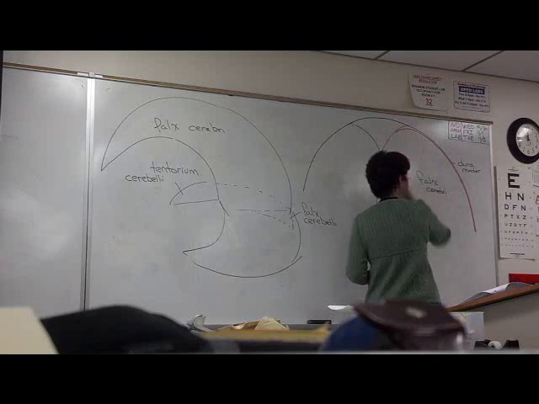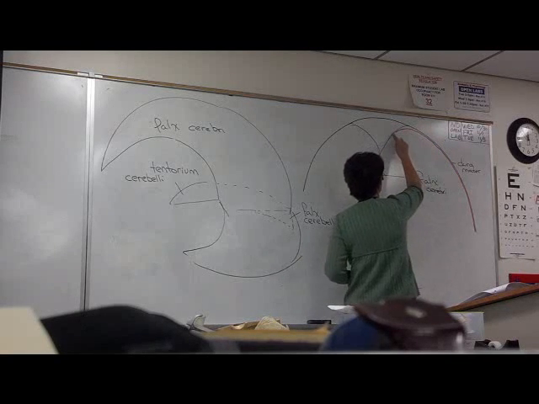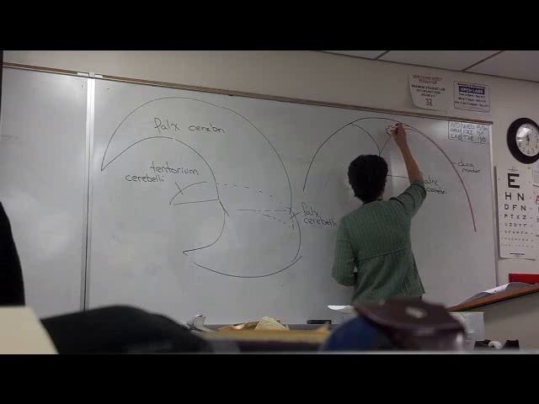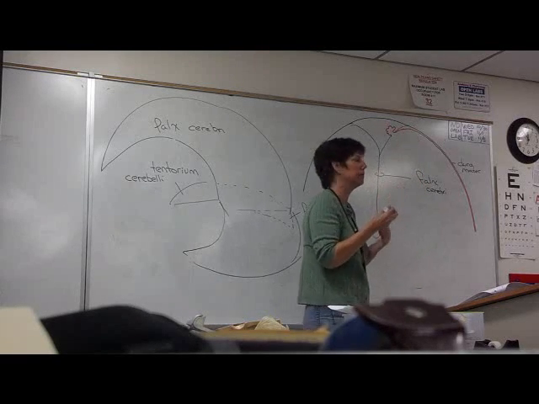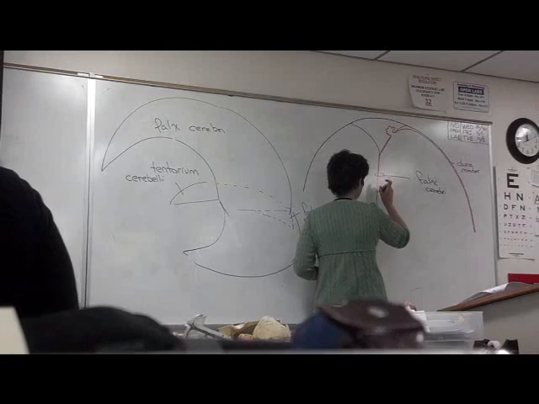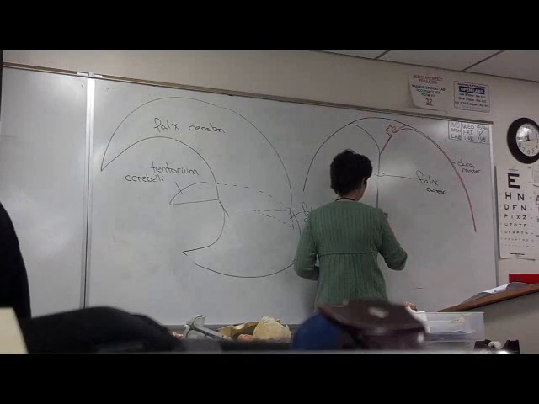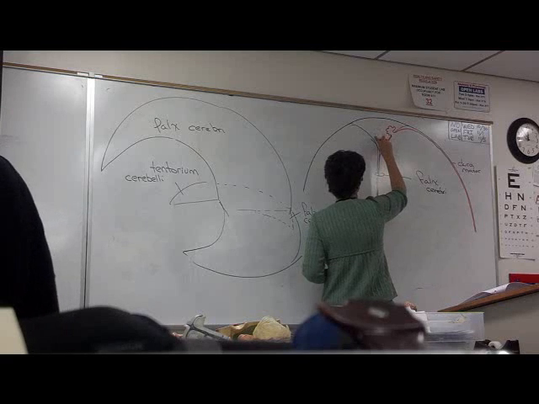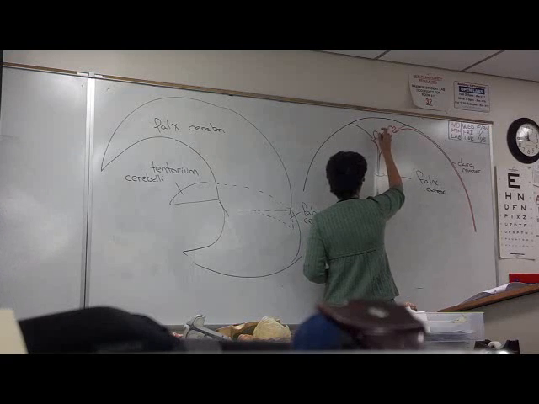When it gets to this sinus, there's actually openings in the sinus, and the dura mater forms these kind of blossoming, cauliflower-like structures. And these are known as arachnoid villi.